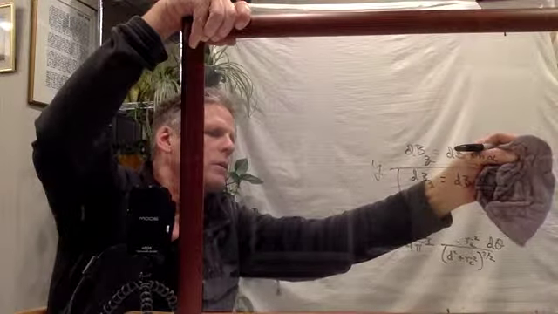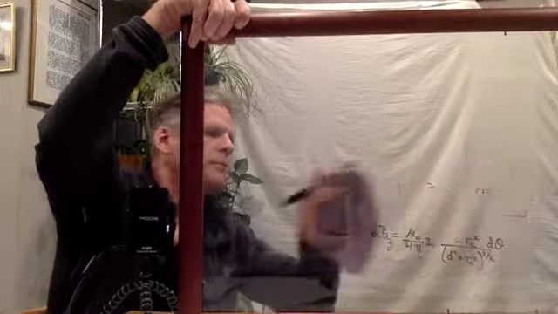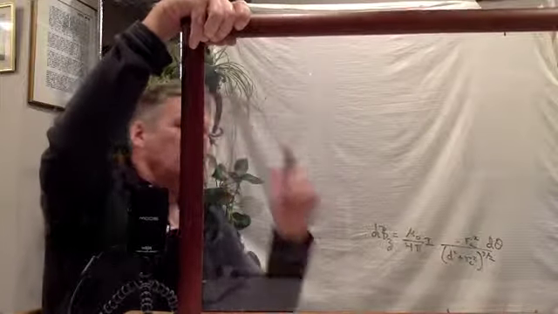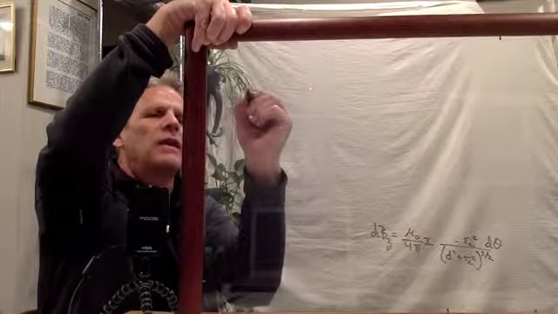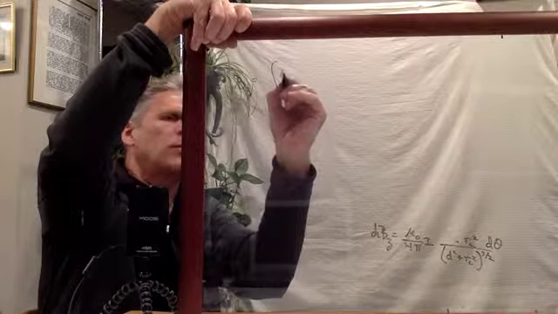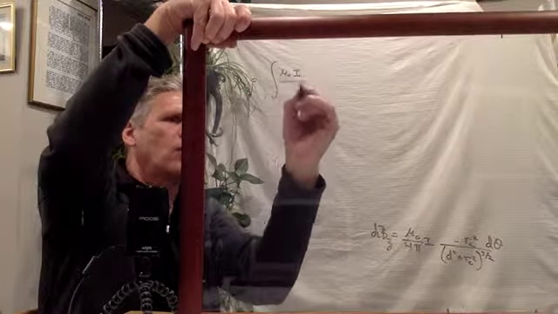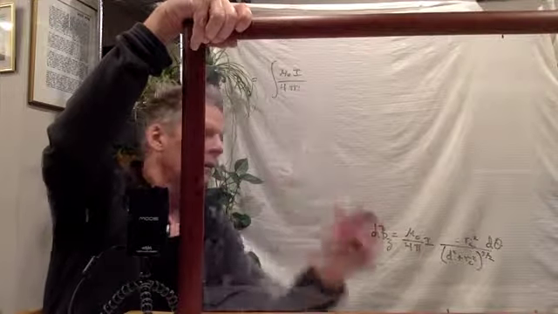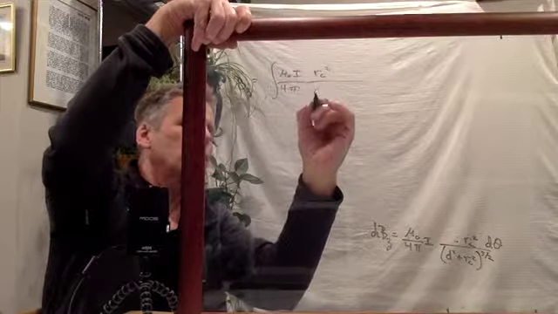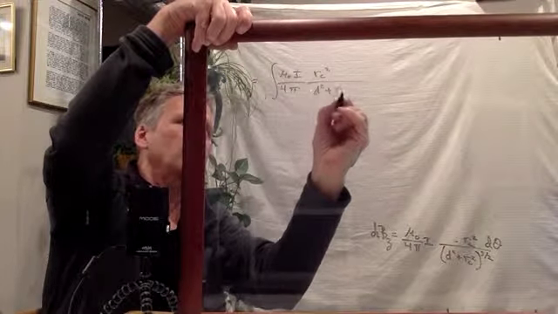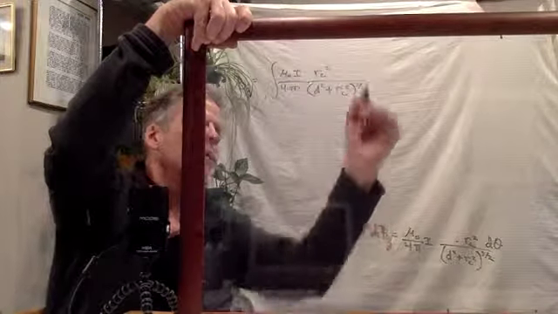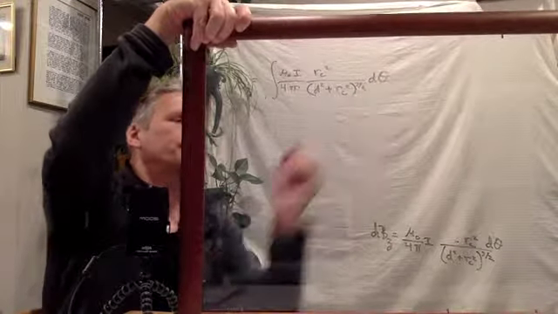Okay. So now we have B sub z is going to equal the integral of mu 0 I over 4 pi r sub c squared over d squared plus r sub c squared to the 3 halves d theta.